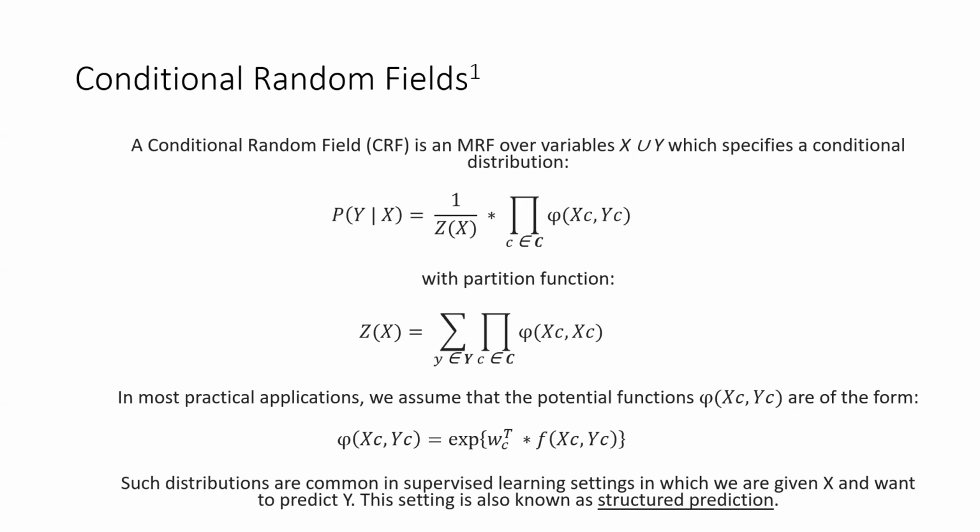So in the general case, no. They're easier because they're log linear models. It's not because they define a conditional probability distribution. So yes, they are easier, but only because in practice we use potential functions that are these exponents.